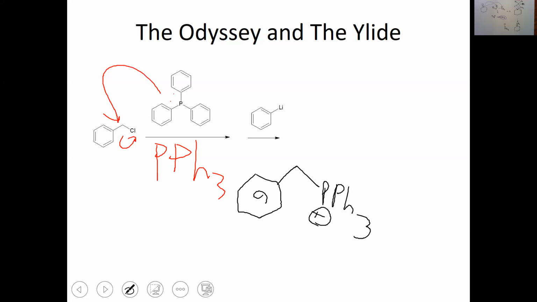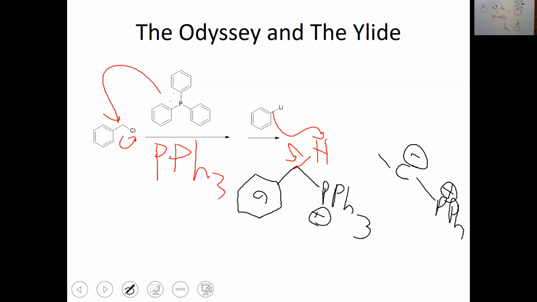So then I add phenyllithium. Phenyllithium is a crazy strong base. So that crazy strong base takes a hydrogen from next door to the phosphorus. Why would it take a hydrogen from next door to the phosphorus? Because when it does so, it makes a carbon that has a minus next door to a phosphorus that has a positive.